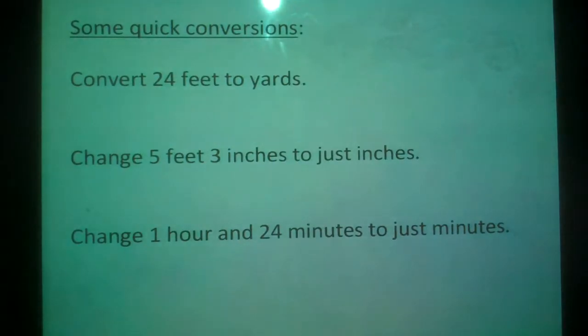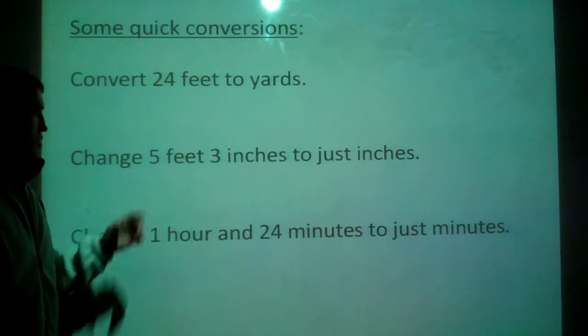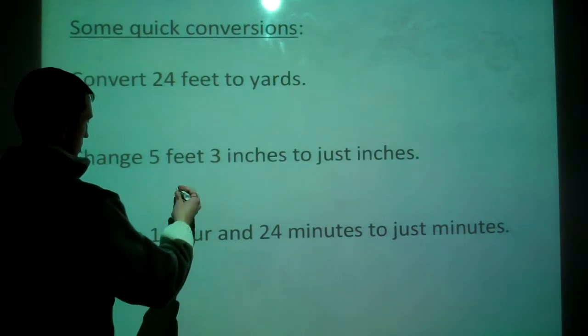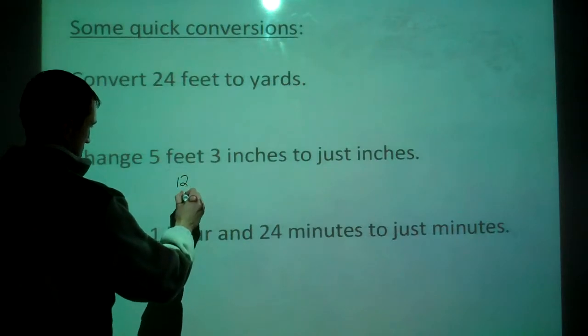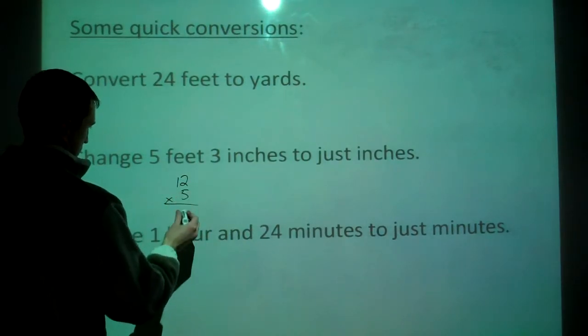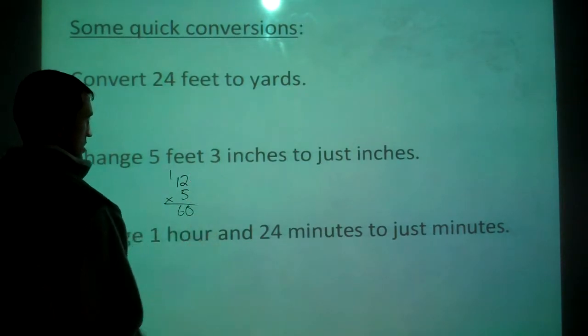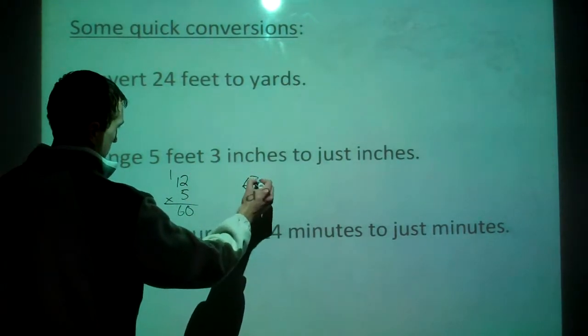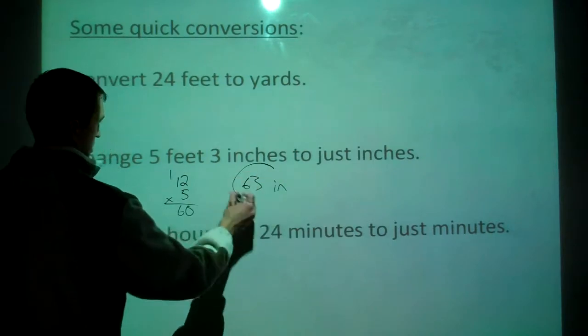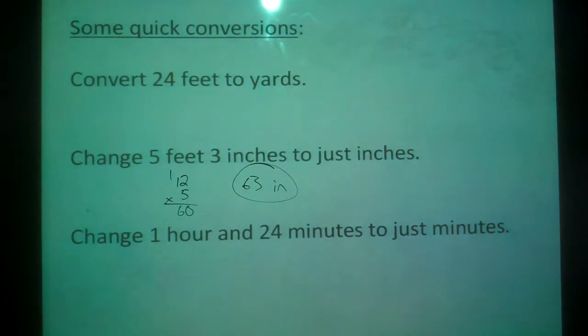Alright. Quickly, 5 feet, 3 inches to just inches. Well, there are 12 inches in 1 foot. So 5 times 12 is 60. Plus that 3, 63 inches. And 1 hour and 24 minutes to just minutes.